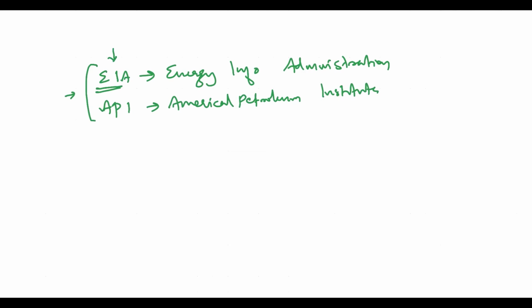Okay. So the EIA report comes on Wednesday. Let's start with API first. API will be published in India on Wednesday 2 a.m. Indian time.